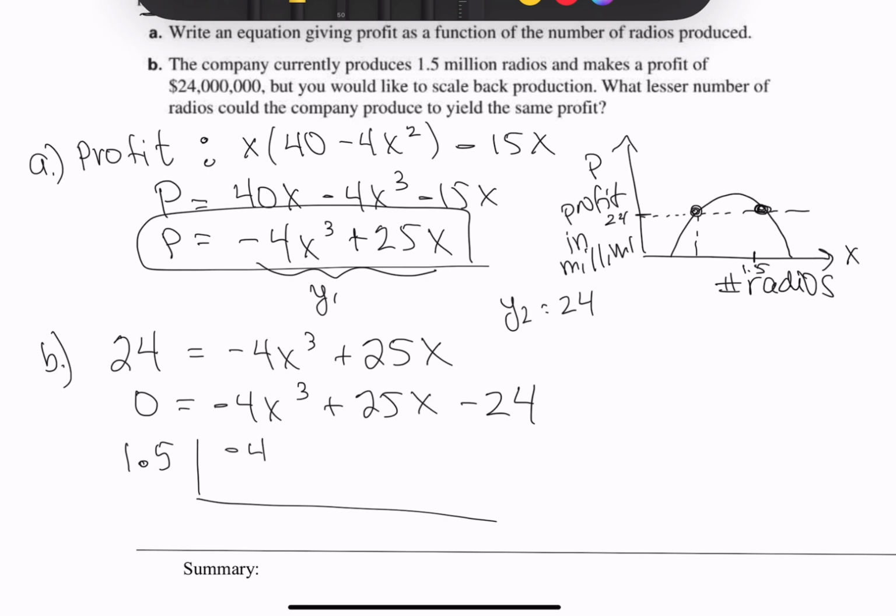So let's see, I don't have an x squared, so I'll put a 0. All right, now I better get a 0 as a remainder or else I've done something wrong. That's going to give me negative 6. And that's going to give me a negative 9.